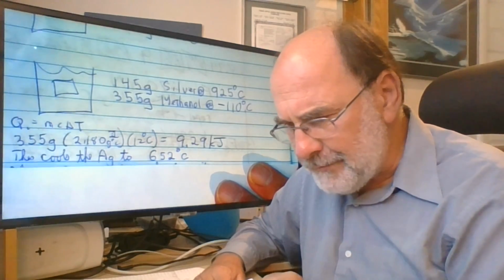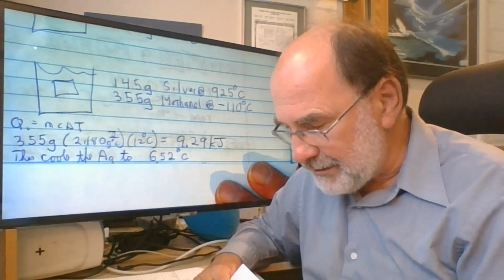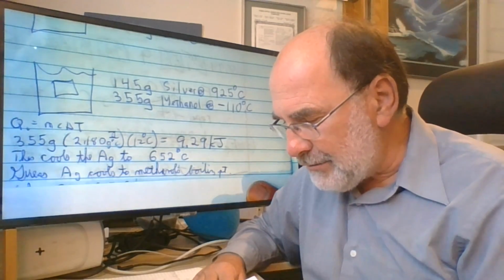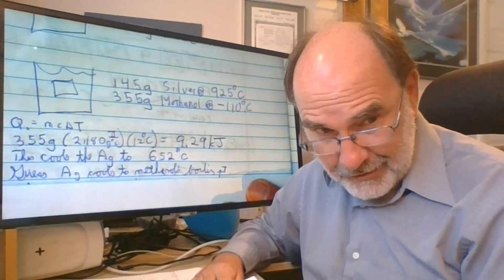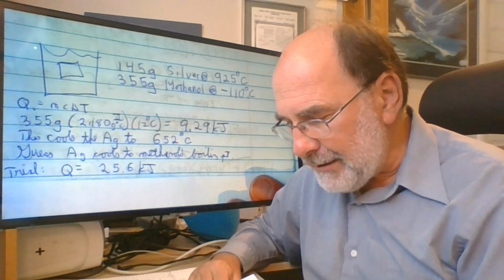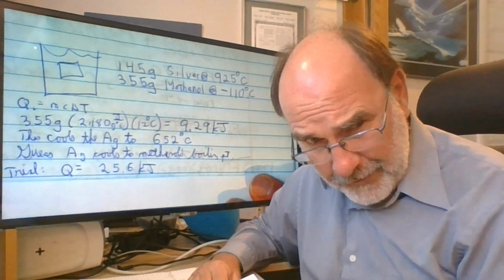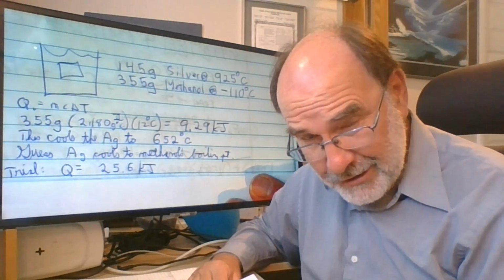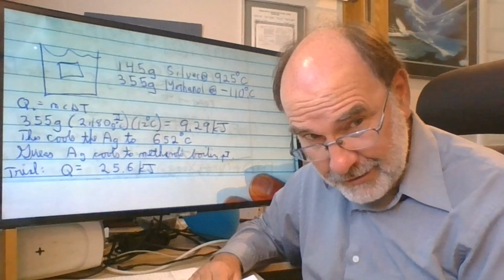And the boiling point of methanol was negative 98 degrees Celsius. So here's my note. I'm guessing that the silver cools down to the methanol's boiling point. I calculated I could extract 25.6 kilojoules of heat energy from that silver under that condition.